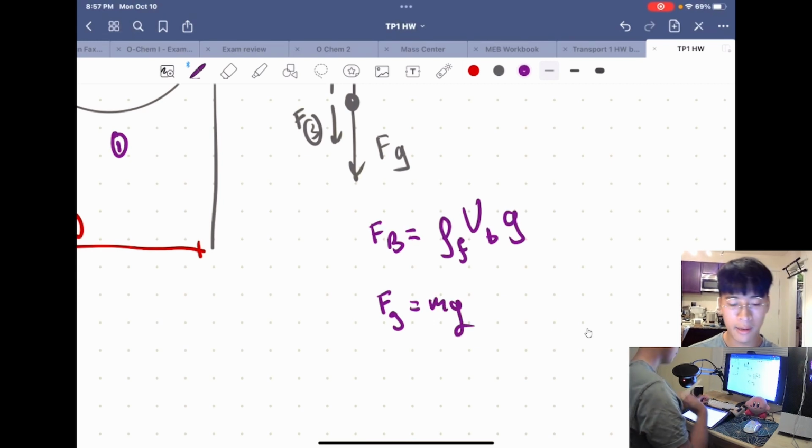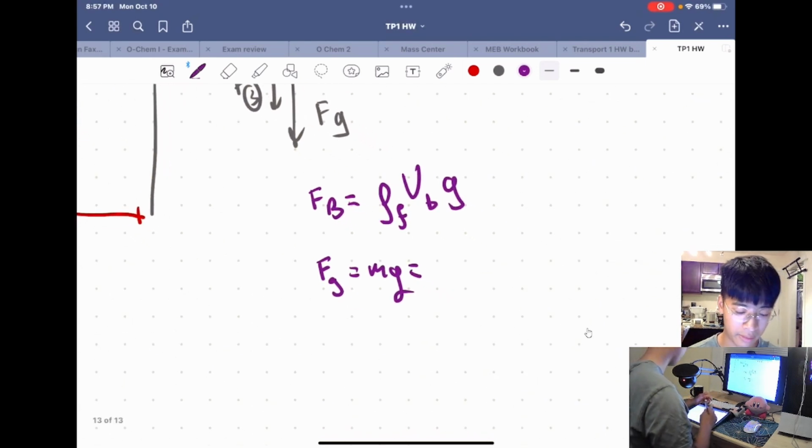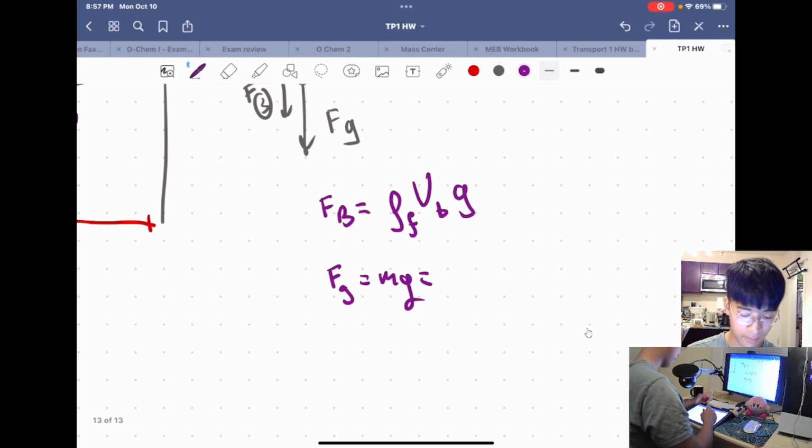What do you notice about mass? Mass can be represented by volume multiplied by density. Let's do that, because you can factor that out later. So the volume of the ball multiplied by the density of the ball multiplied by g.